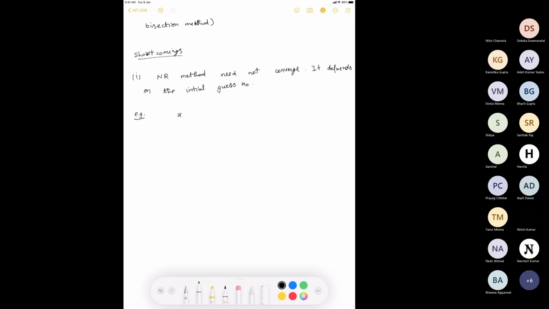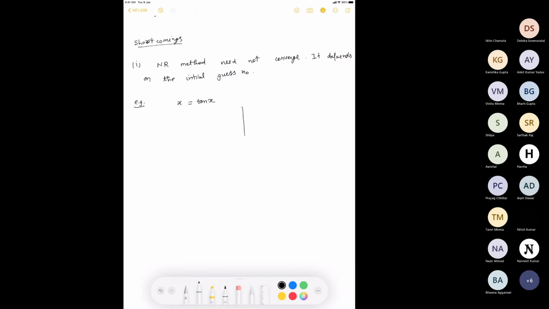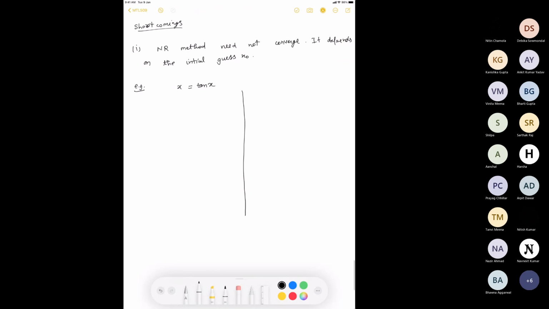So let's take this function x is equal to 10x, or x minus 10x equals 0. So if you apply the Newton-Raphson method to this function, let me take two different choices of the x naught. I'm going to start with x naught is equal to 4 and x naught is equal to 4.6.